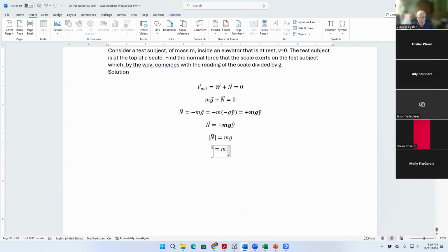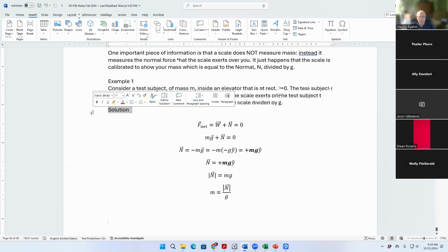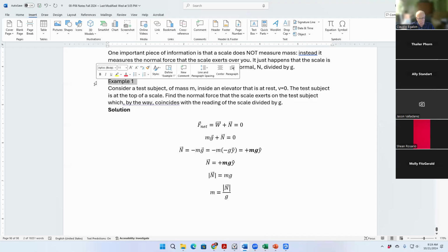That's how scales are calibrated, to display the value of a mass. But in reality, scales measure a force, not the mass. Scales are built to measure force. Keep that in mind. But it's possible to calibrate the scale to display the corresponding value of the mass. That's the first example.